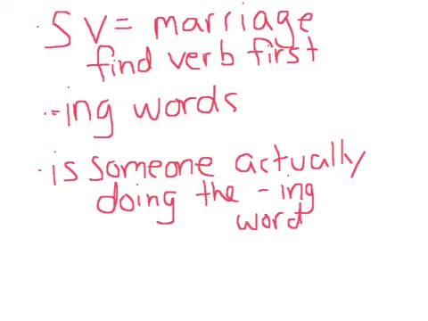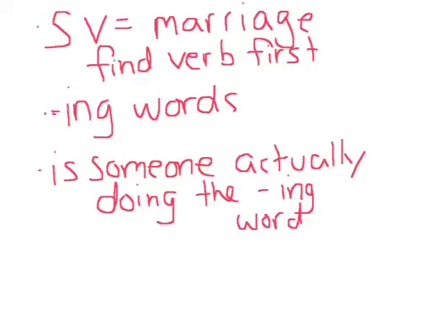Okay, so just to review what we went over: the subject and verb create a relationship, a sort of marriage, and sometimes it's easier to find the verb first, remembering that "is," "are," "were," "was," and words like that are always going to be some type of verb, and then finding the noun that goes with that verb, the subject that is actually doing or being the verb.